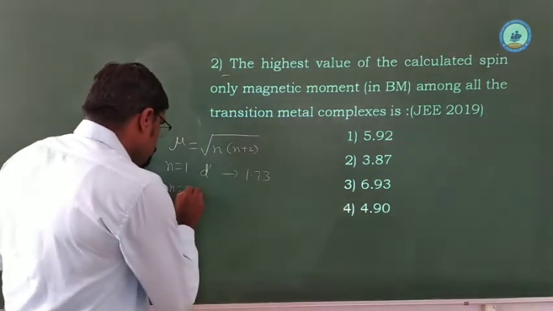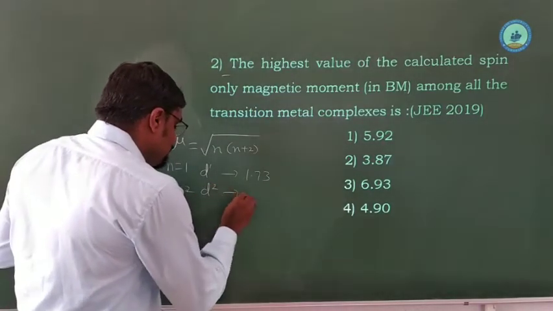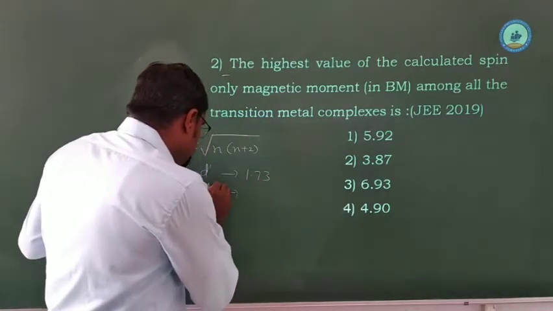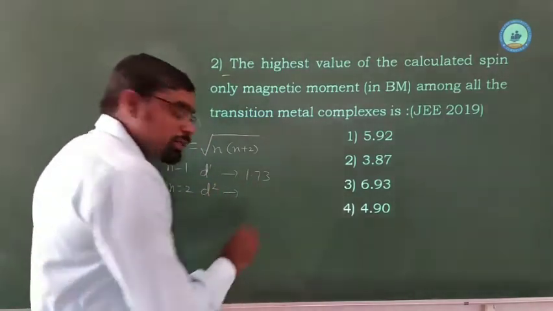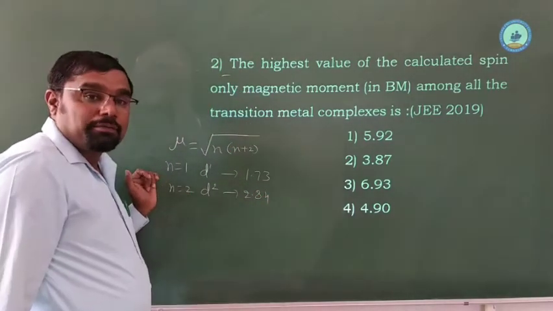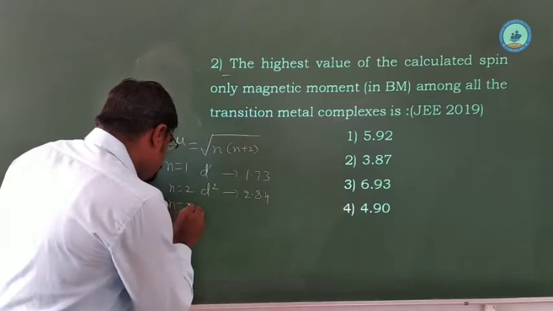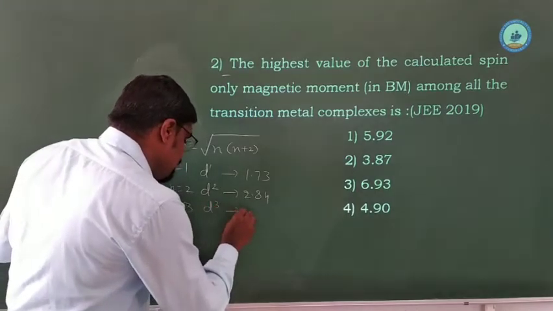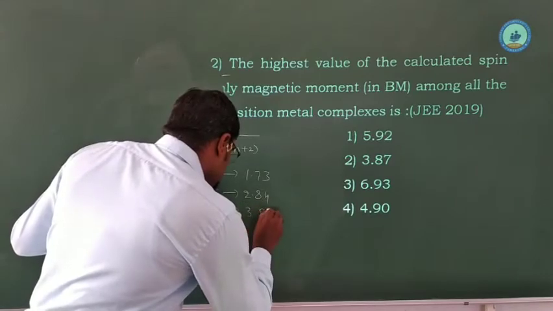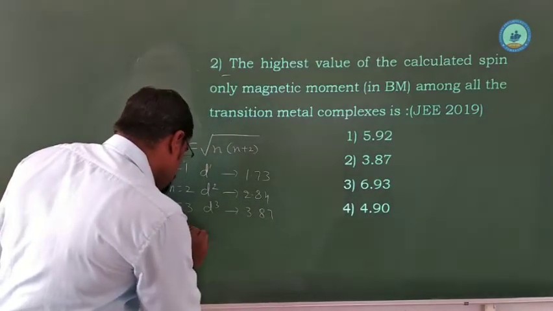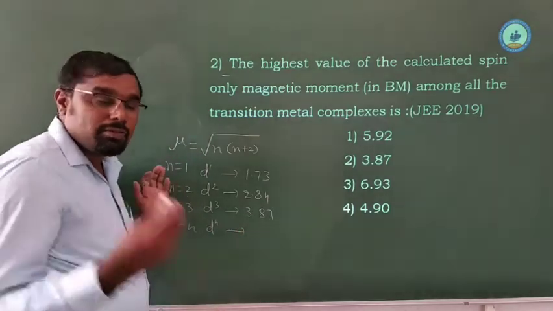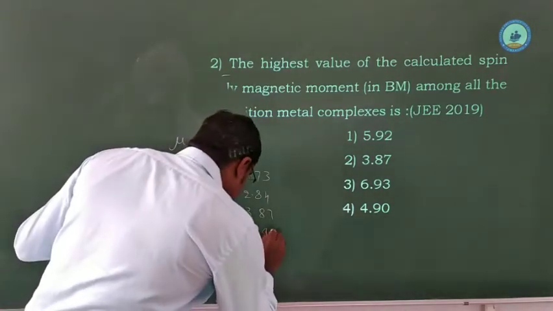If n is equal to 2, then 2 electrons are present, d2, that is 2.84. n is equal to 3, that is 3 electrons present, and this is 3.87. n is equal to 4, then d4 is 4.90.